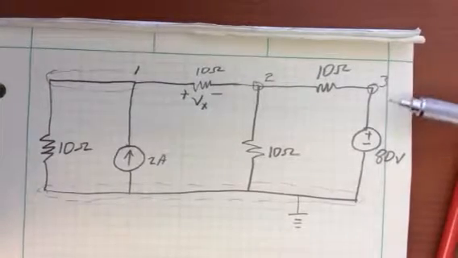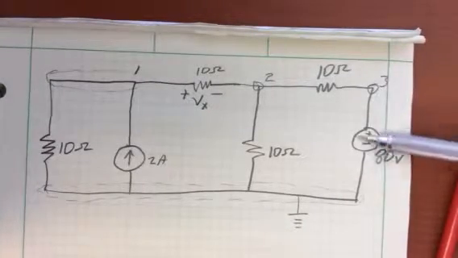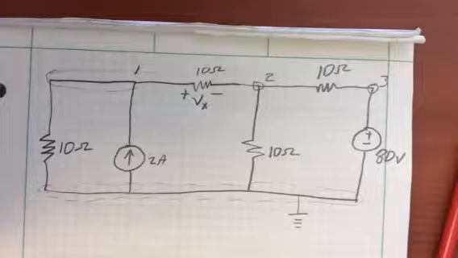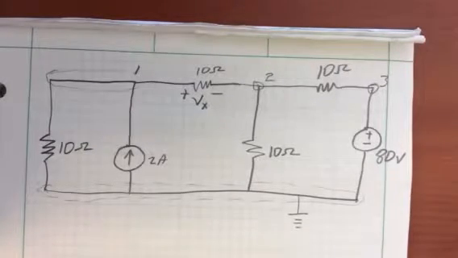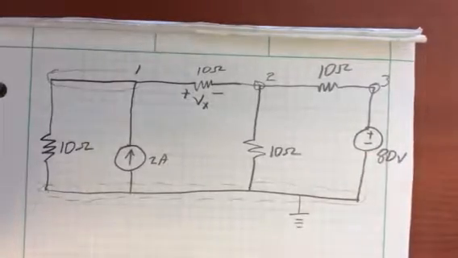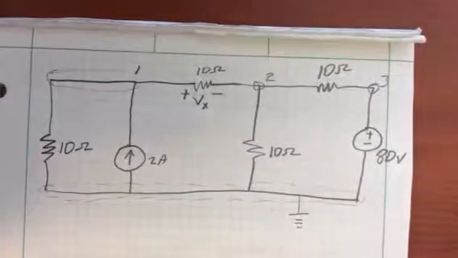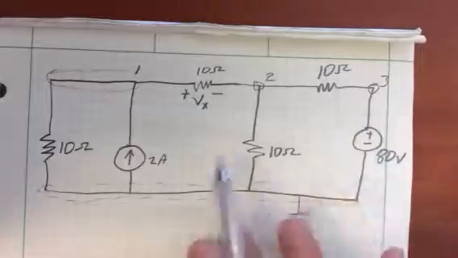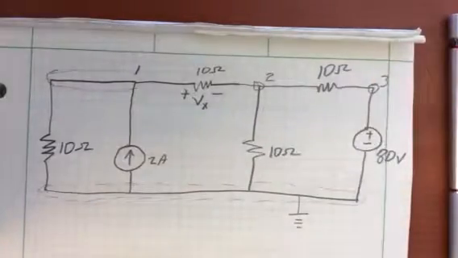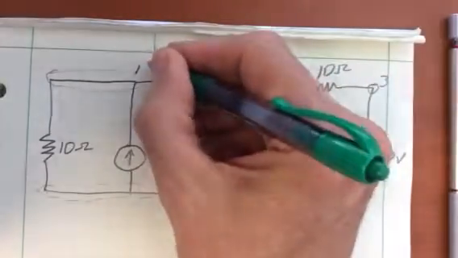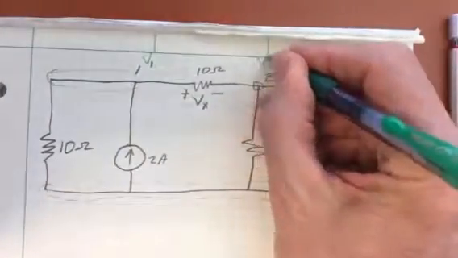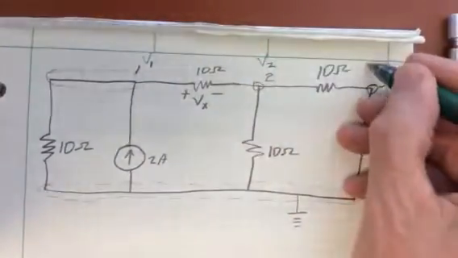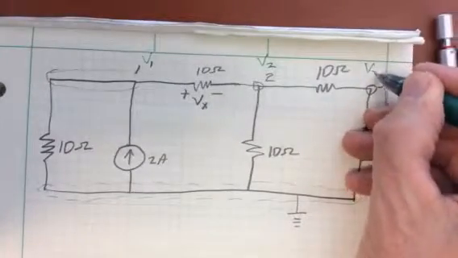Notice that we have a voltage supply in this circuit, which is something we have not seen before. So we'll have to figure out what to do with that. Let's get my voltages in there. We want to solve for voltage 1, voltage 2, and voltage 3.